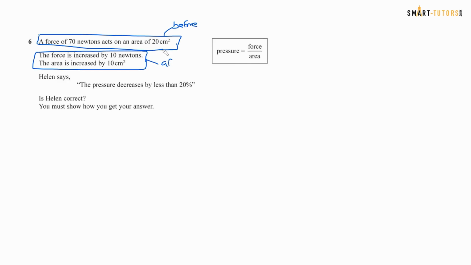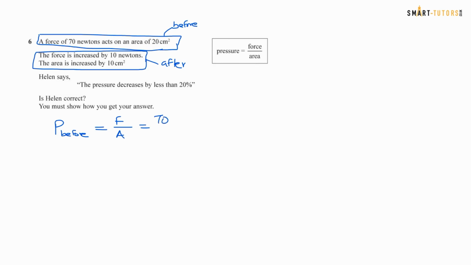So they have given an equation, pressure equals force divided by area. Here they have given two different scenarios, the old and the new, or we can say before and after. So pressure before equals force divided by area.